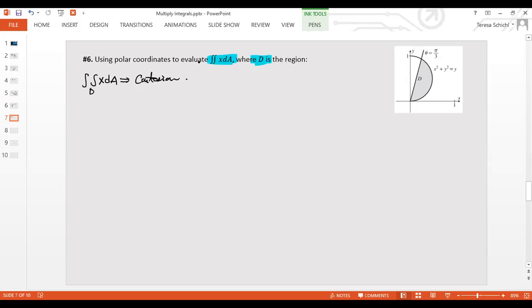If this is Cartesian, you can figure out the formula and just do dx dy. That's the reason I say it's Cartesian, because you can do dx dy over whatever this region is. As you can see, this is not an easy region to integrate. After you change the x and the y, it probably will become pretty messy here.